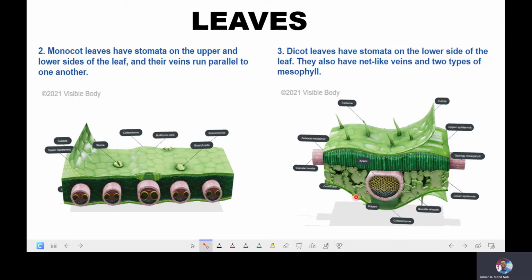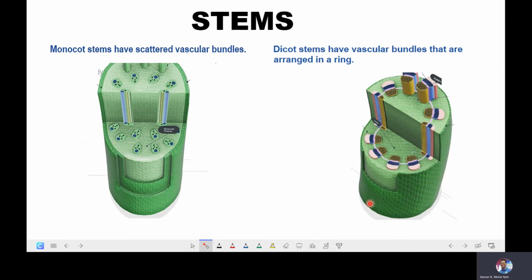On the right hand side is the leaf of the dicot plant, in which the arrangement of the vascular bundle is slightly different. Over here on top, the larger structures will be the xylem tissue, and down here will be the phloem tissue. But usually we will focus more on the stem and the roots.